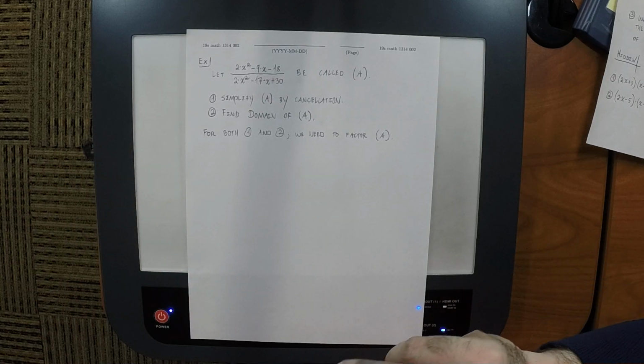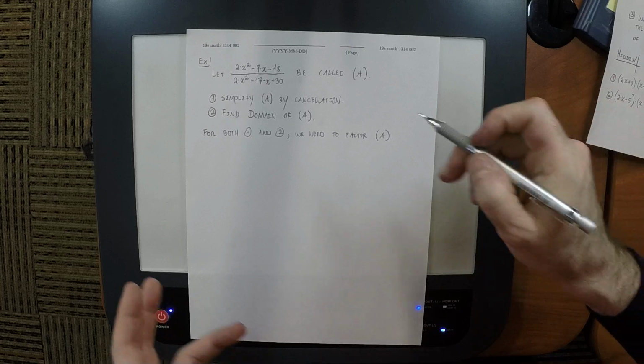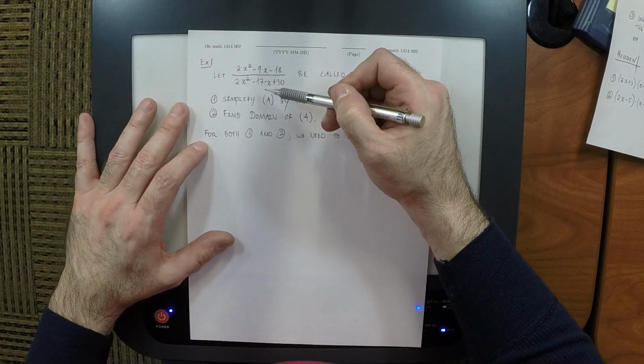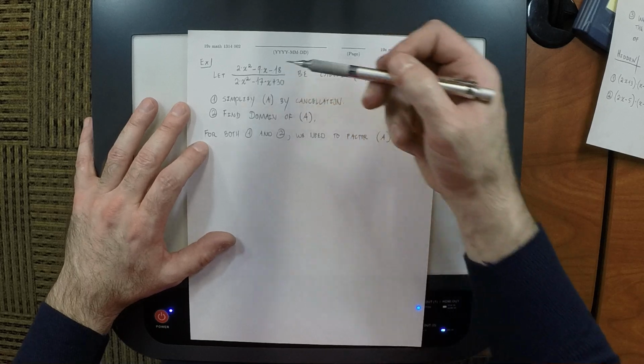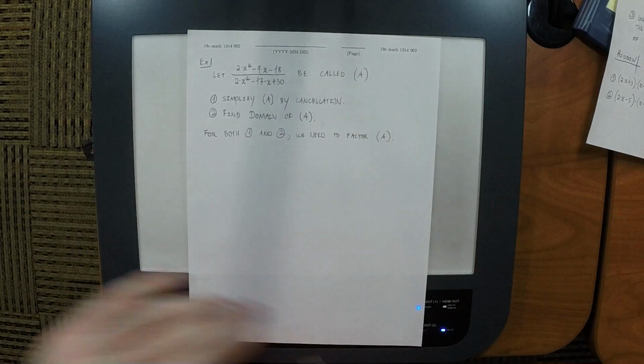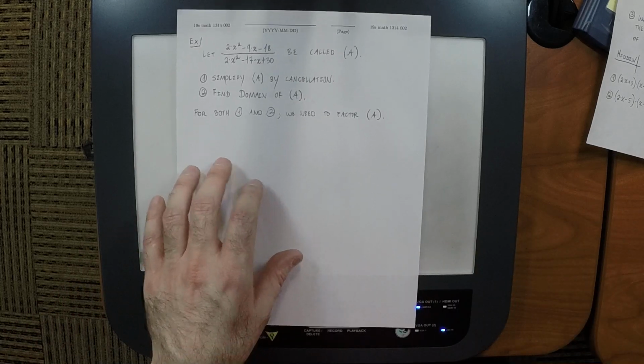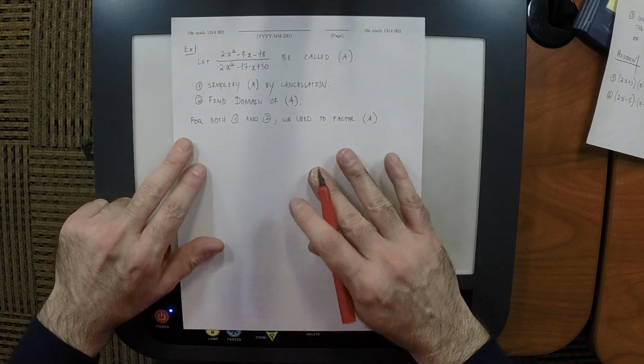The last exercise that we did last time was just like this in the sense that it was a quadratic divided by another quadratic. But that one was easy because the quadratics were easy.